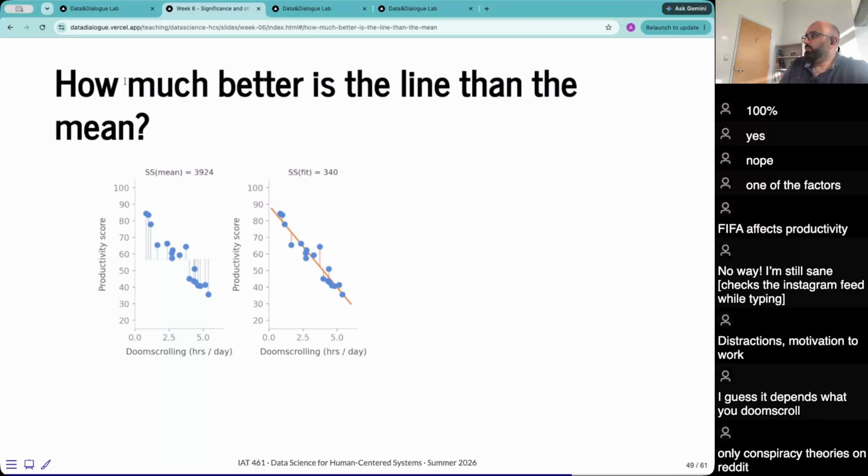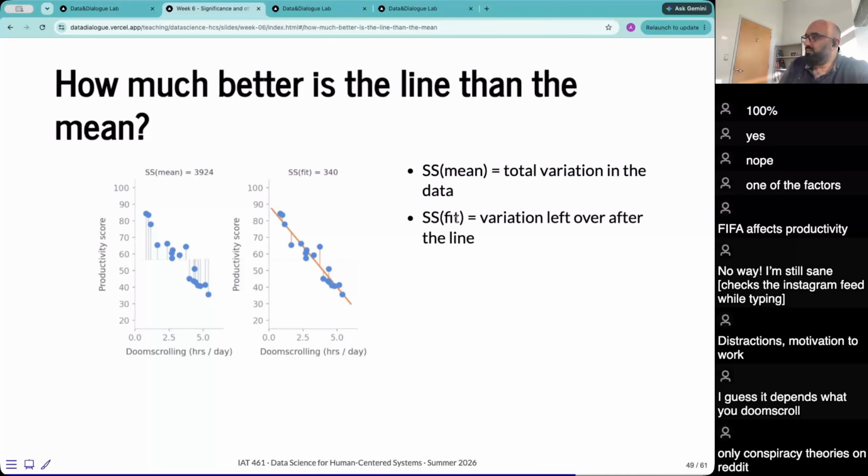Okay? So how do we see whether our model is good or not? That's the idea. You say, okay, the baseline model is the mean. You take all the residuals, you square them, and you sum them. What's the best model? The best line that you could draw, okay? You take the residuals, you sum them, right? So the squared residual of the mean is the total variation in the data itself.